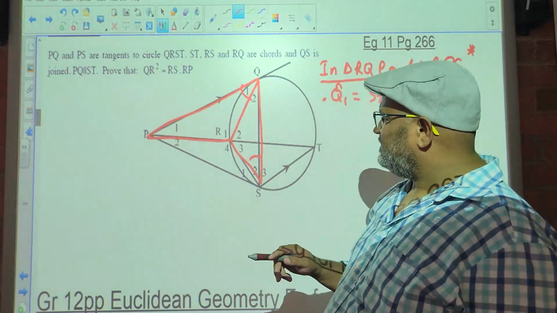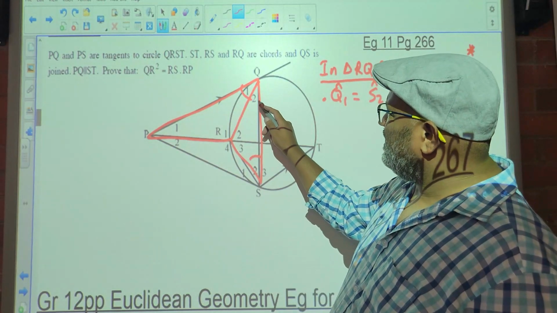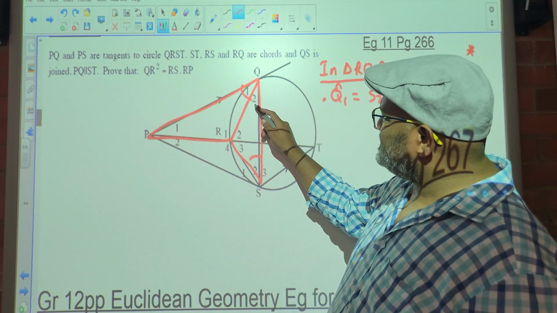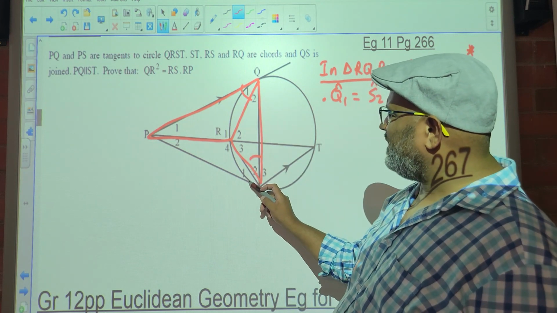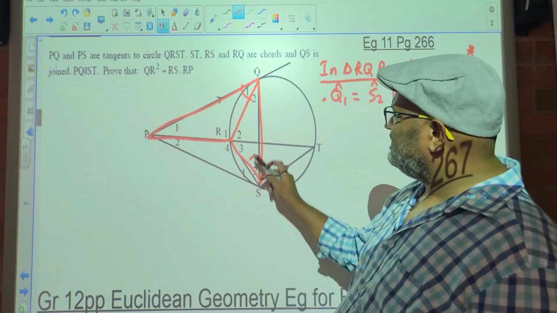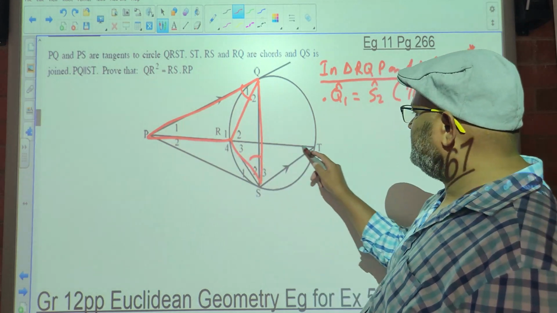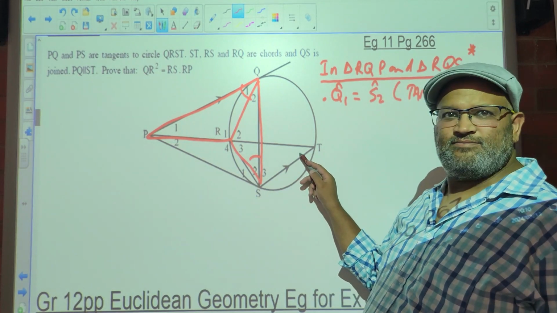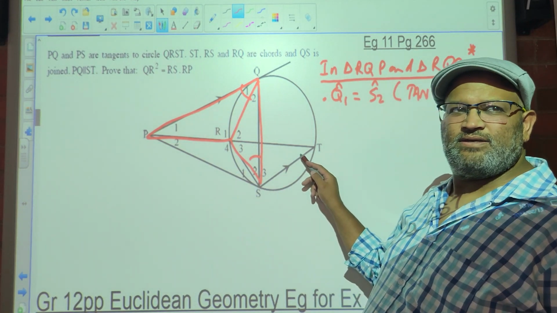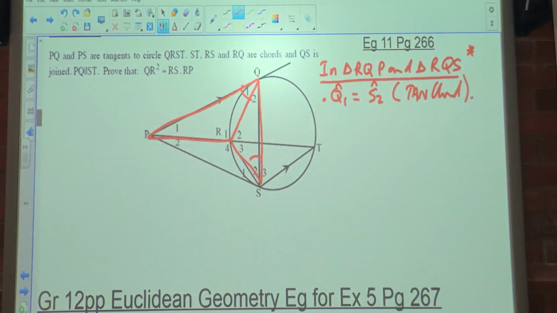We know that Q2 is equal to S1. But this angle here, S1 is equal to angle T. Why? Why is S1 equal to T?